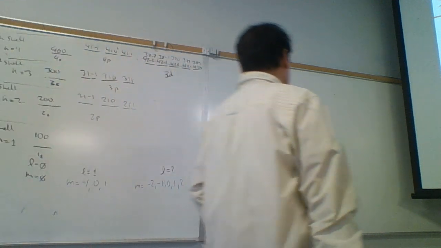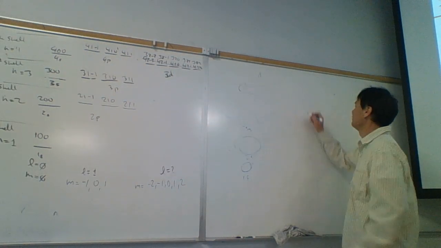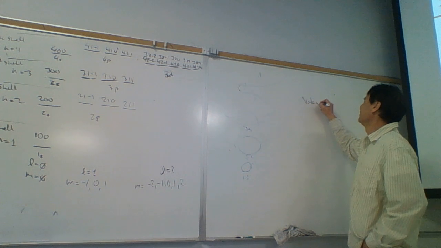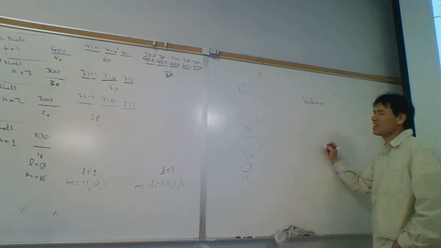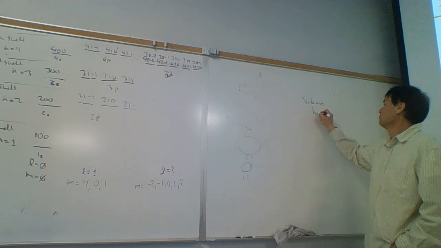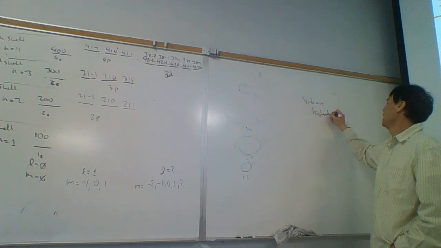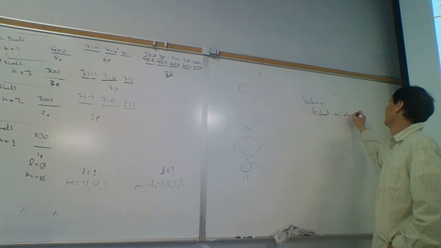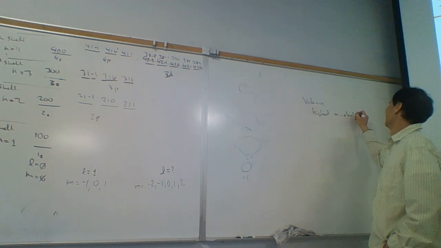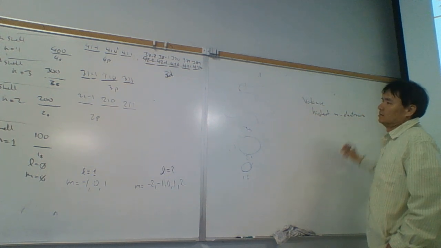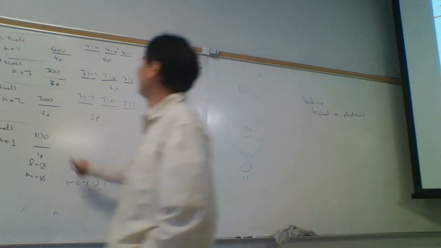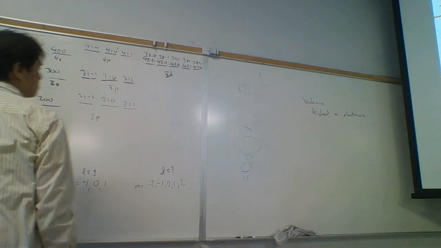The way we define valence electrons is they're the outermost, the highest N electrons. Well, the highest N is going to be N equals 4.